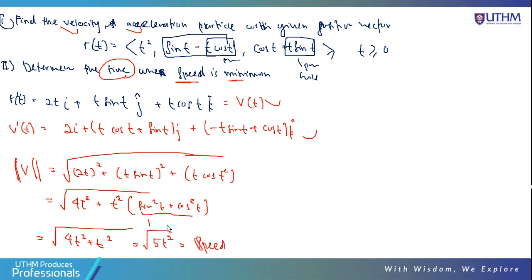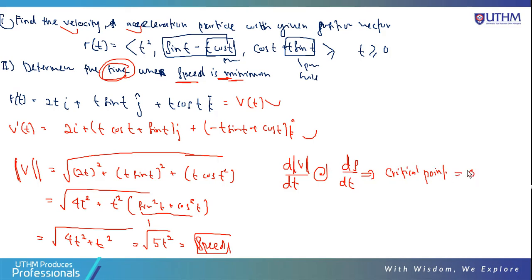So the question asks, determine the time. What is the time when the speed is minimum? In secondary school, you can find the time by differentiating the speed. So you need to differentiate the speed, that is, ds over dt, so you can determine the critical point. You determine the critical point when you differentiate and set it equal to 0.